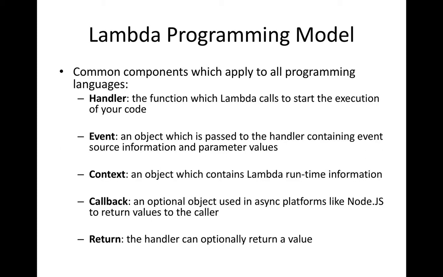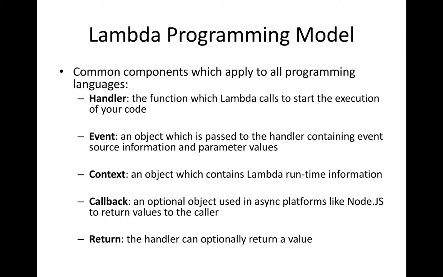So, we've talked about some of the use cases for Lambda functions and how you go about writing the Lambda function, creating the Lambda function resource, invoking the Lambda function, monitoring it. We've talked about how AWS creates this Lambda execution environment, which is really nothing more than a container.